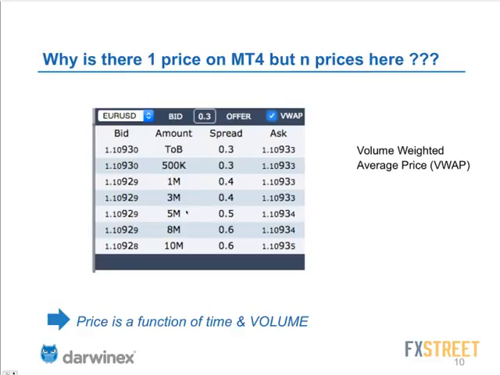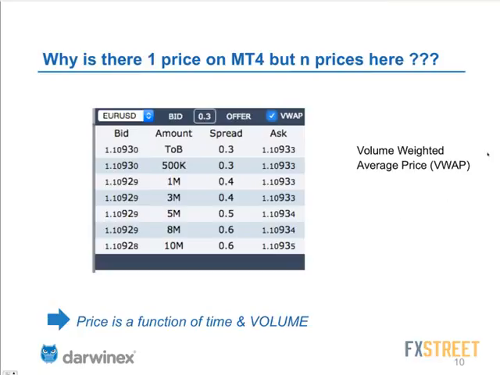If you wanted to fill, say, 100 lots, then you would see that the weighted average price for those 100 lots would be a spread of 0.6, and that the last dollar was already getting filled at 0.7 pips spread, as opposed to the 0.3 for the first dollar. Because price is a function of time and volume in the market.